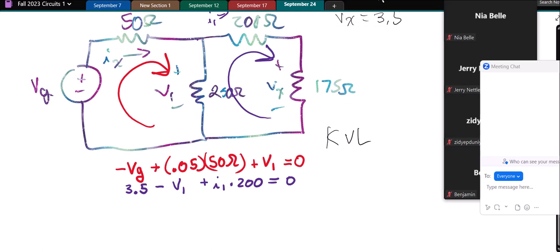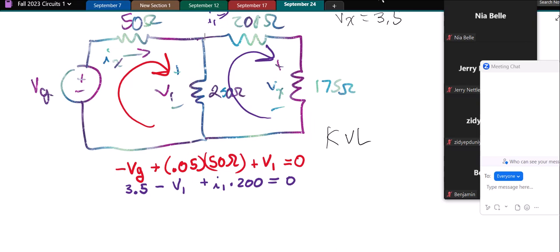This circuit has a total of 3 loops. It's got the right loop, the left loop, and the loop all the way around the outside. And if I've used 2 of those 3, the third one does not give me any more information. So I have to do something else here, a KCL or maybe an Ohm's law. Let's see.